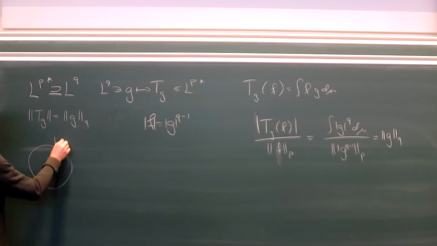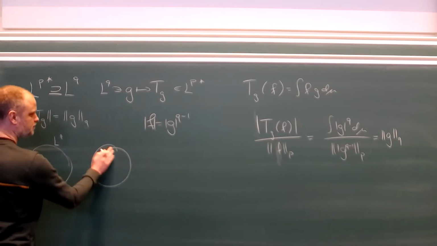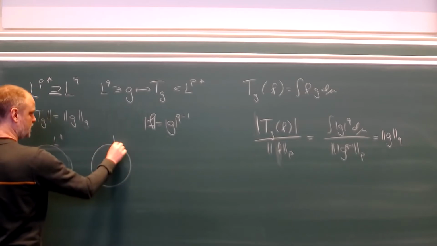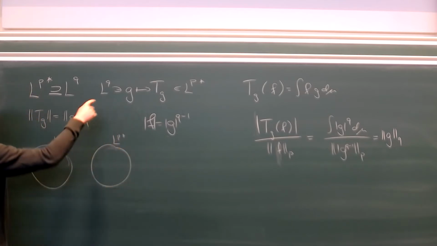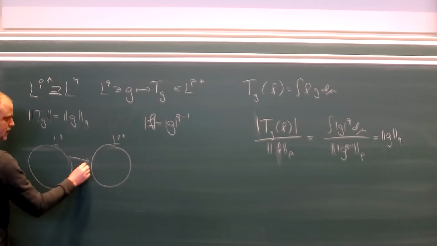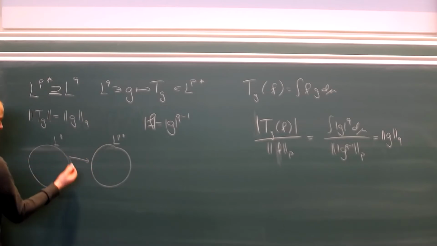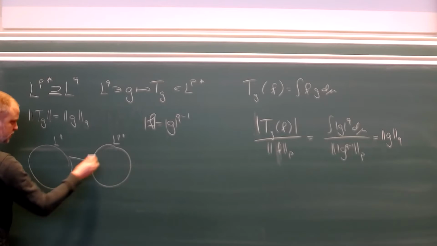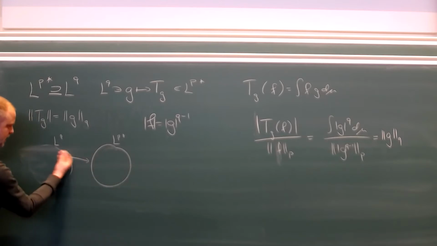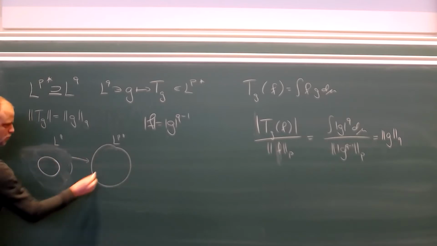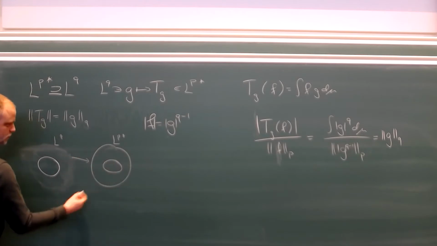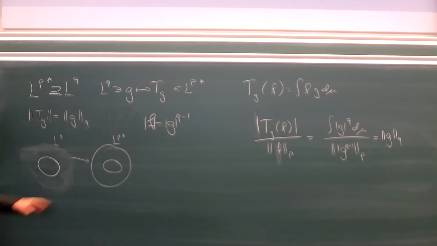Here's L^q, and here's L^p star, and this duality sends this into potentially a subset here. So it could be the case that this is actually much smaller, so it's not certain that we get all the linear functionals by this type of functional.